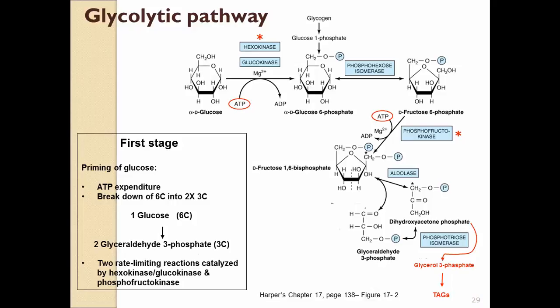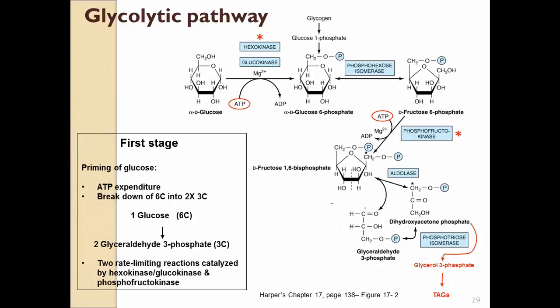And just for understanding the purpose, I divided glycolysis into 2 stages. The first stage is called the priming of glucose. The first stage starts from glucose to glyceraldehyde 3-phosphate, right?